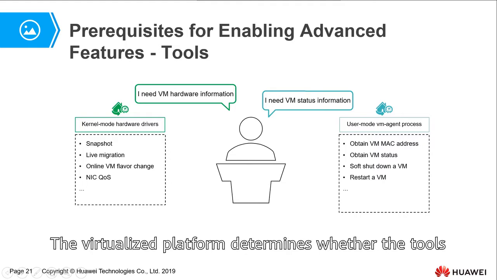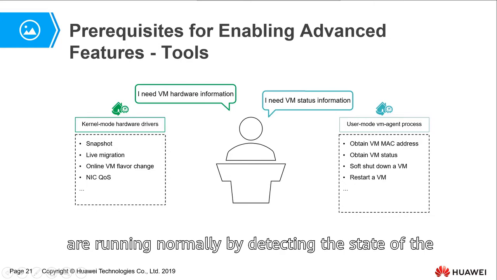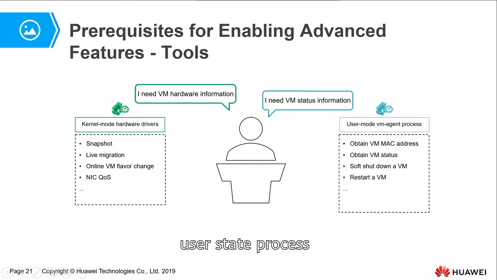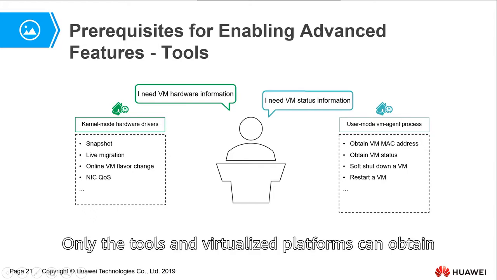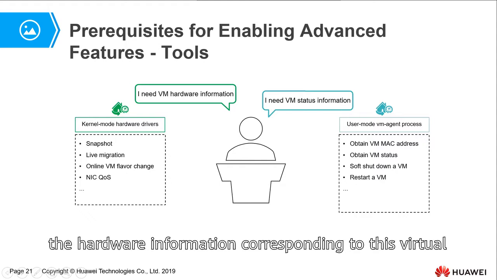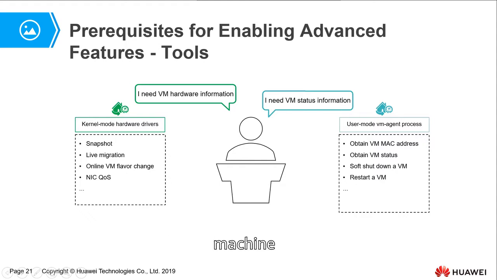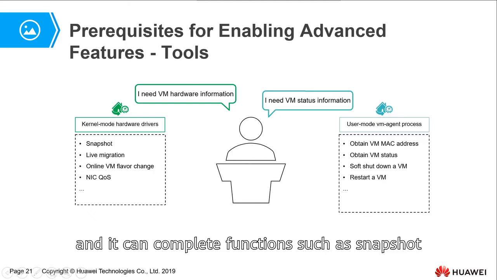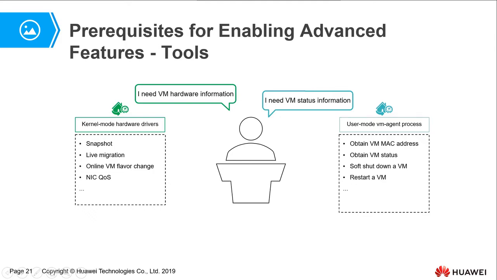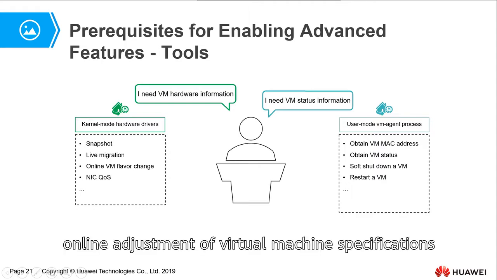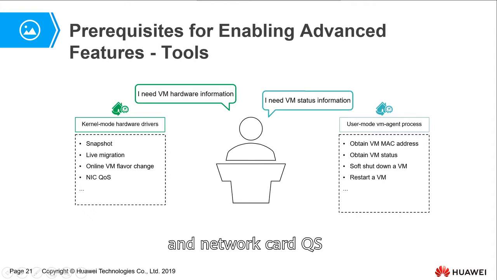The virtualized platform determines whether the tools are running normally by detecting the state of the user mode process. Only with the tools can the virtualized platform obtain the hardware information corresponding to this virtual machine, and complete functions such as snapshot, hot migration, online adjustment of virtual machine specifications, and network card QoS.